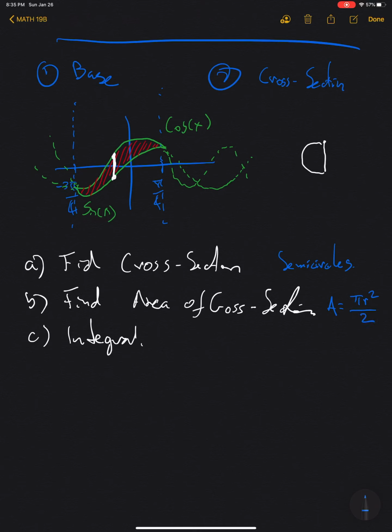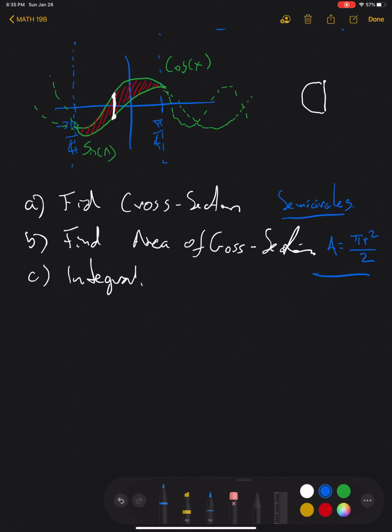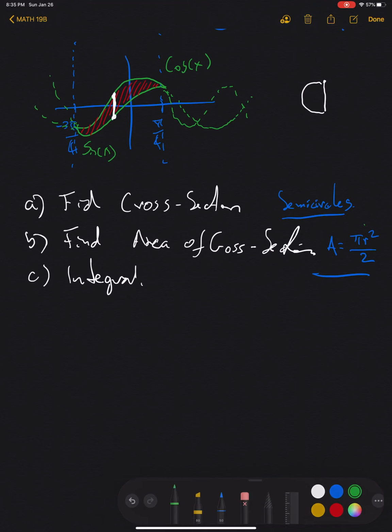So the shape of the cross sections defines what is the area that I need to use. Right now we need to rewrite r in terms of x. That way we can come up with the integral representing this volume.